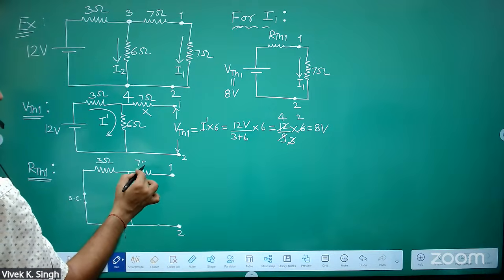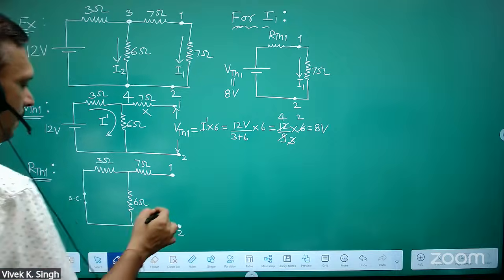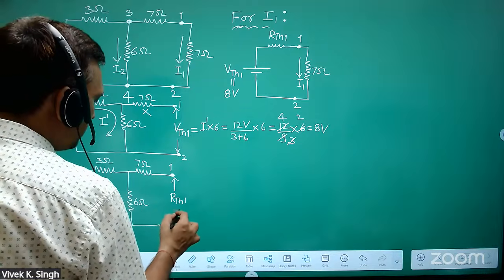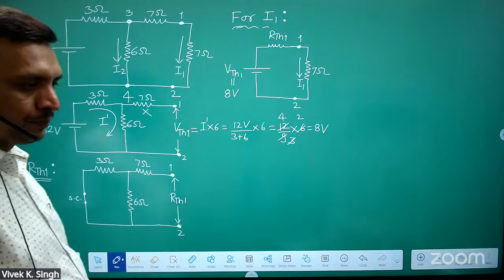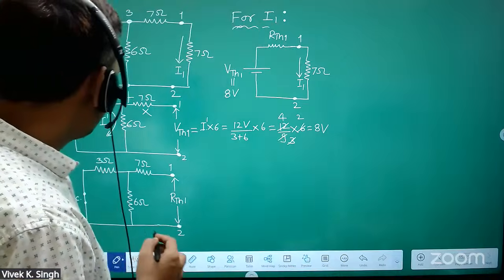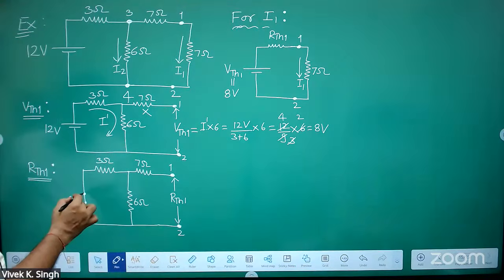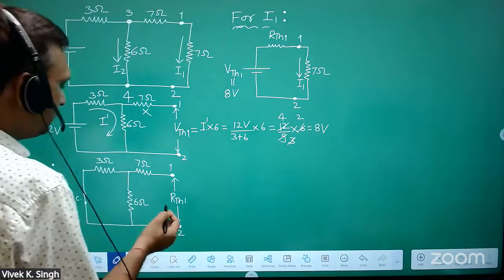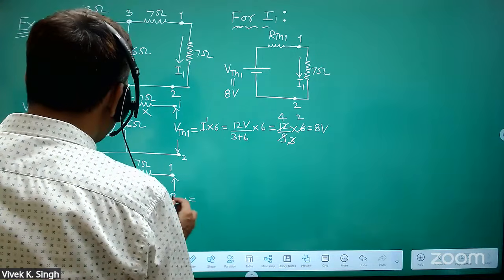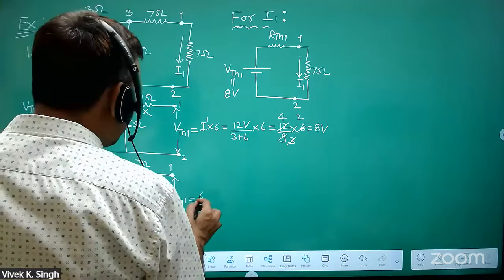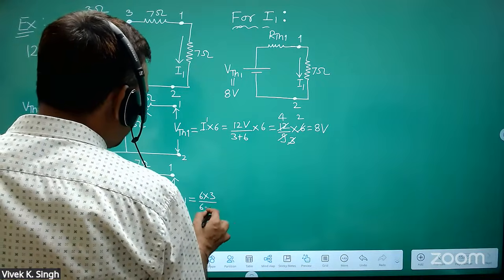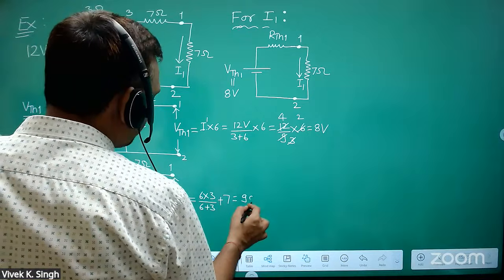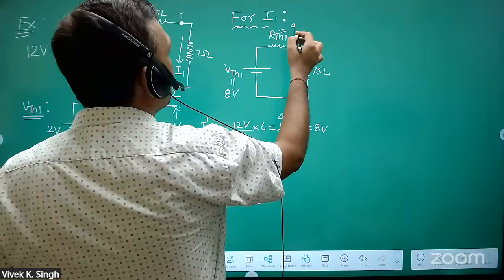And this is 7 ohm. This is the Thevenin's resistance. By definition, the sources are turned off. Voltage source will be short circuited. If there was some current source, it will be open circuited. So what will be the equivalent resistance? Just check here. These two are in parallel. 6 into 3 by 6 plus 3, plus 7. So this will be 2. This is 9 ohm. So this is 9 ohm.